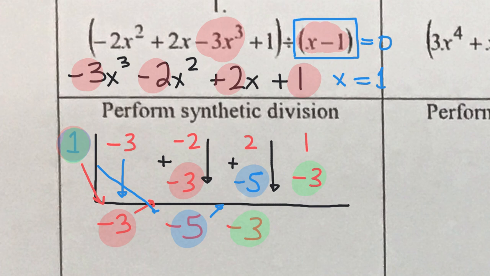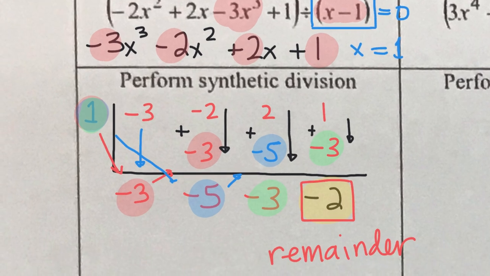And when I add these things together, I get a final answer of -2. And for my theorem, this is the important number. This number that is last here on the row is your remainder. This -2 is the remainder that you get when we do this division problem.